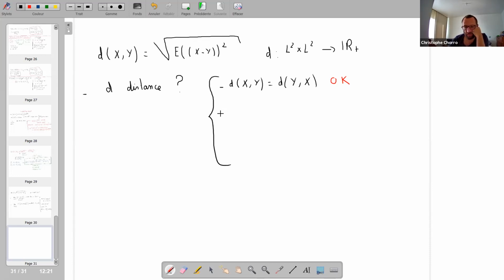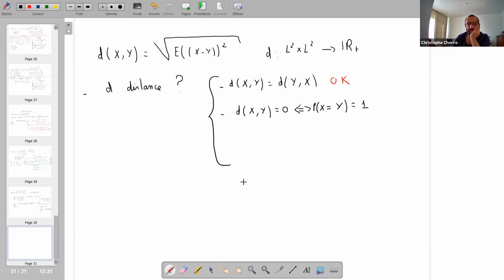Second, the distance between x and y is equal to 0 if and only if x is equal to y in the sense of probability, that is, the probability that x is equal to y has to be equal to 1.